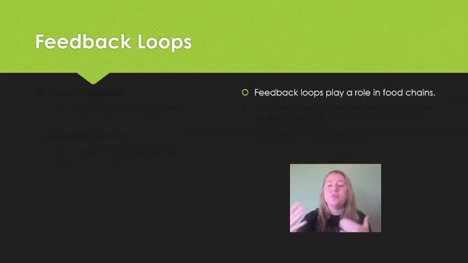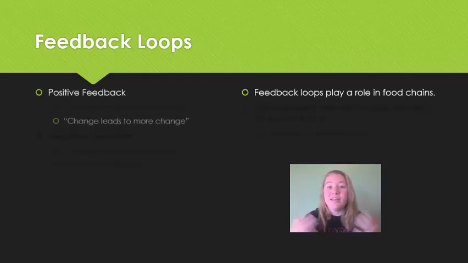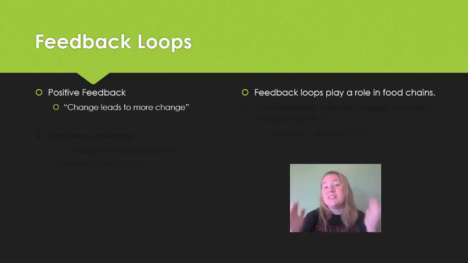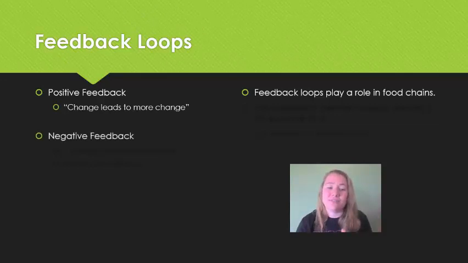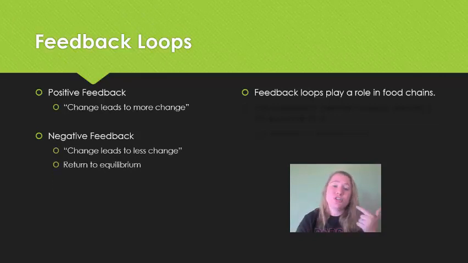This also leads to what's called a feedback loop. Feedback loops play an important role in food chains, and they play an important role in a wide variety of environmental processes. We have what are called positive feedback loops. I like to think of these as change leads to more change. And we also have negative feedback loops, where change leads to less change, or we return back to equilibrium.